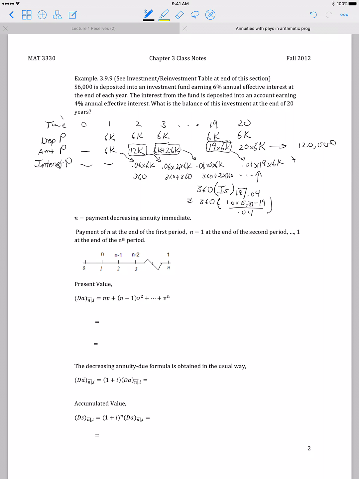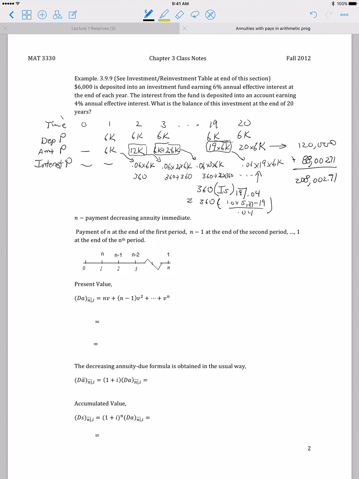So I need to calculate that, and I think if you calculate that, you'll get $88,002.71. So this would add up to $208,002.71.